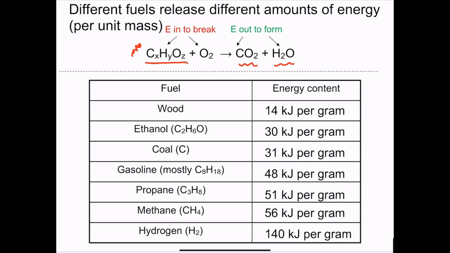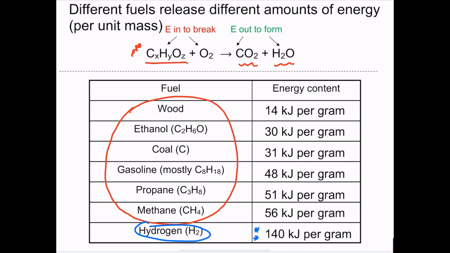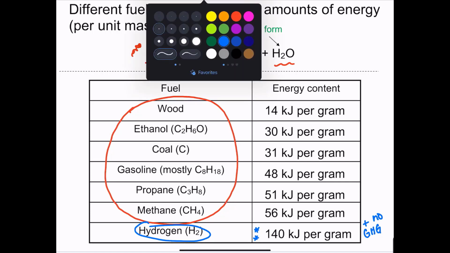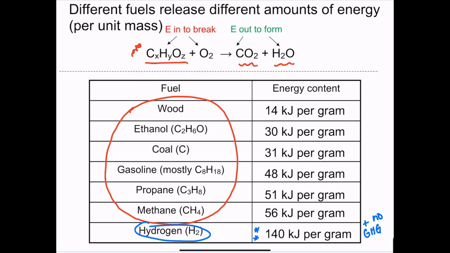So here's a nice table to show you all the differences, but as you can see, out of all of these conventional but also not so conventional fuel sources, hydrogen actually ends up giving us the greatest amount of energy per gram of fuel, and there's no greenhouse gases emitted as a result of this. Whereas all the rest of these fuels over here, these are all carbon-based.